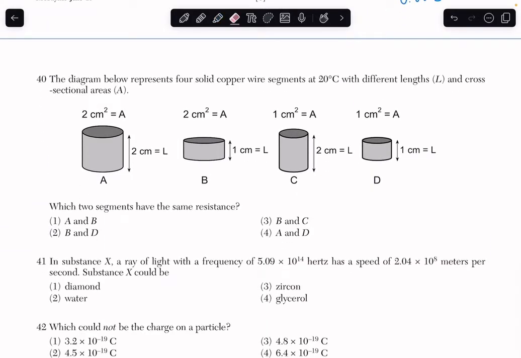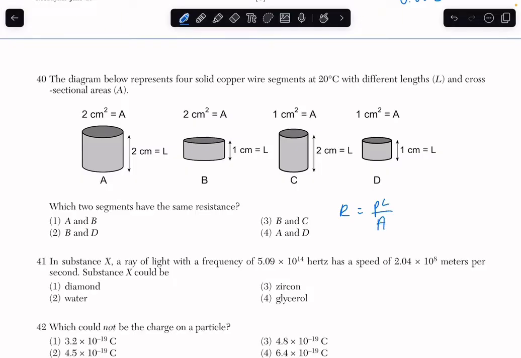40. The diagram below represents 4 solid copper wire segments at 20 degrees Celsius with different lengths, L, and cross-sectional areas, A. Which 2 segments have the same resistance? So, to figure this out, we could take the equation which has all these different components. And that equation is going to be resistance equals resistivity times length over cross-sectional area.